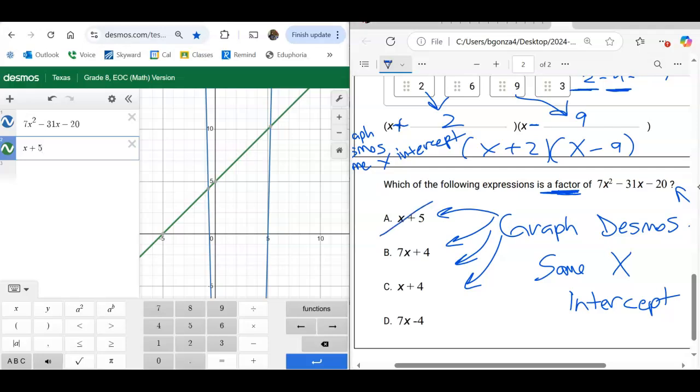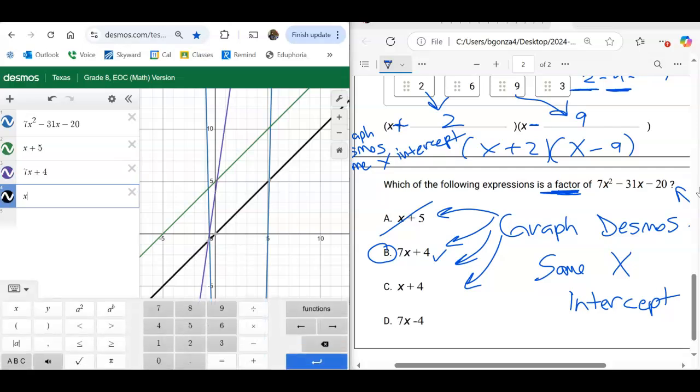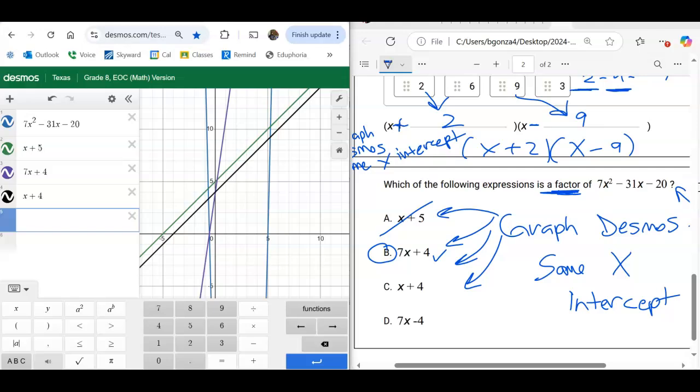No. 7x plus 4. Now look, this purple one does intersect right there at the same x-intercept. That's good. Try the other ones real quick. X plus 4. Nope. And then 7x minus 4. Nope. The only one that crosses the original blue graph is this purple one right there.